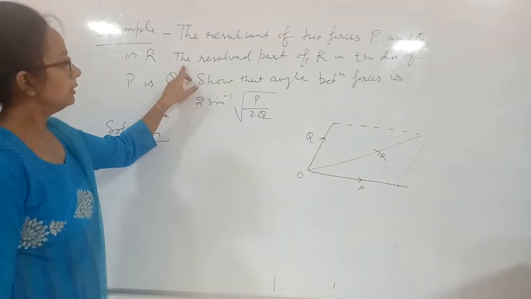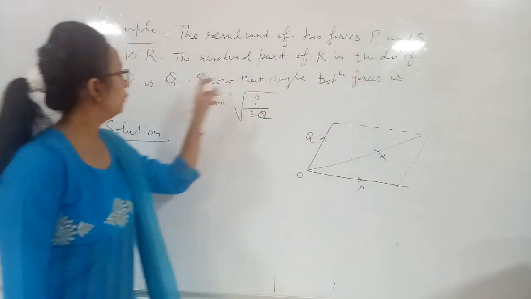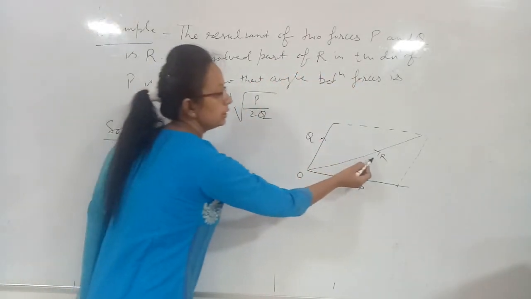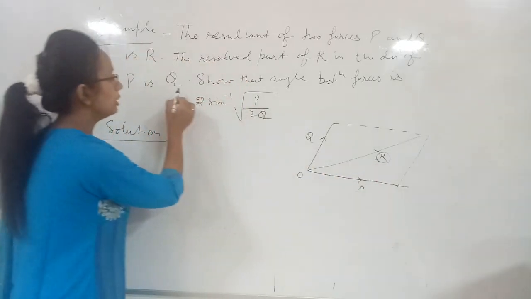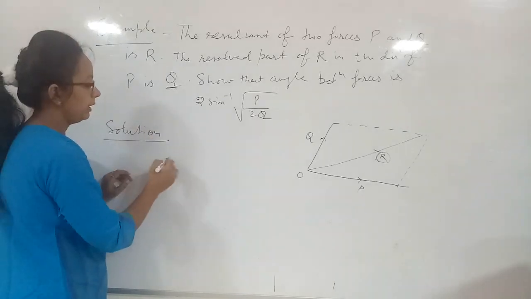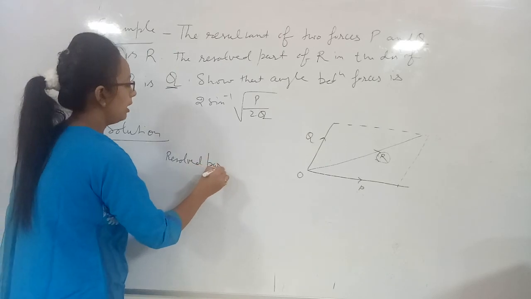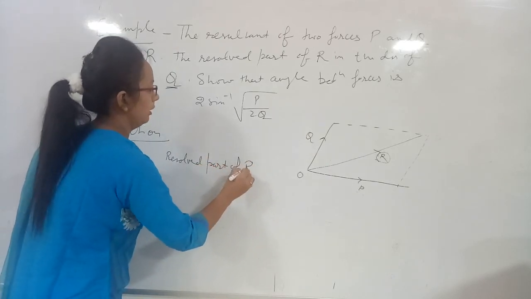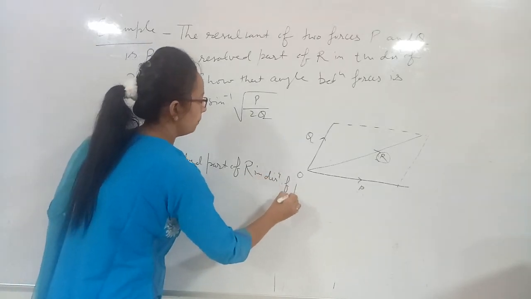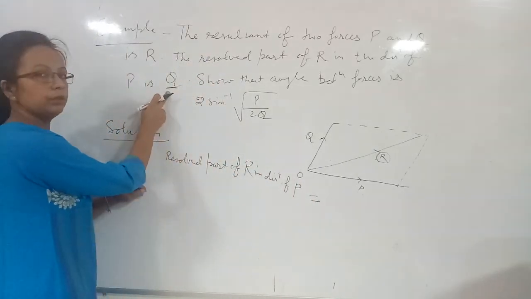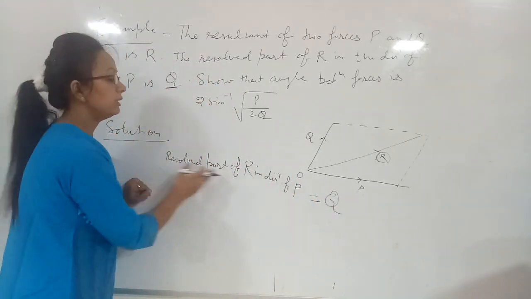And next given is the resolved part of R in the direction of P, meaning its resolved part in this direction is Q. I am writing here again: the resolved part of R in the direction of P is equal to Q. It is given. But from the figure, what is the resolved part?